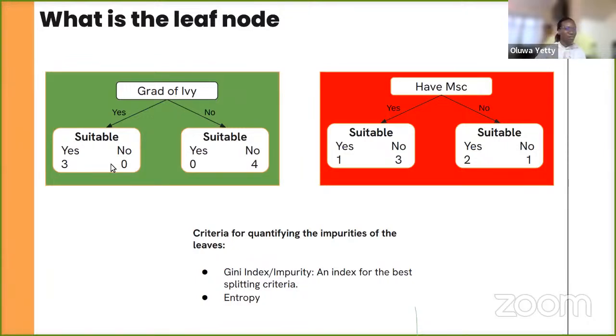Like if you're doing 0 over 3, it's going to give you 0. If you come here as well and you want to do it for this, yes, it's 0. So at the end of the day, when you calculate the Gini index for this particular branch or part that we say is pure, it's going to give you 0.